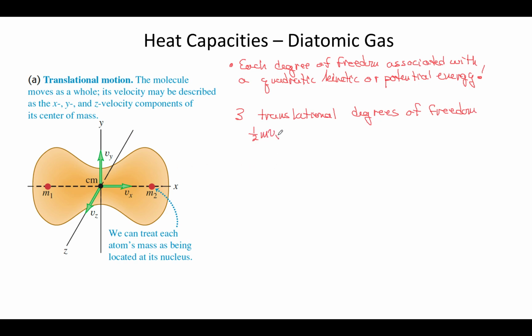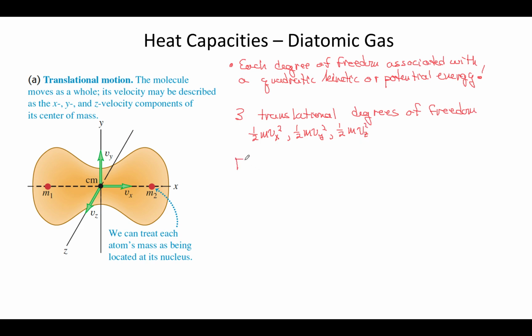But you have an X component of your kinetic energy, a Y component, and a Z component. And this is really what is meant by degrees of freedom. It's ways of having an energy, a potential or kinetic. It's kind of interesting.